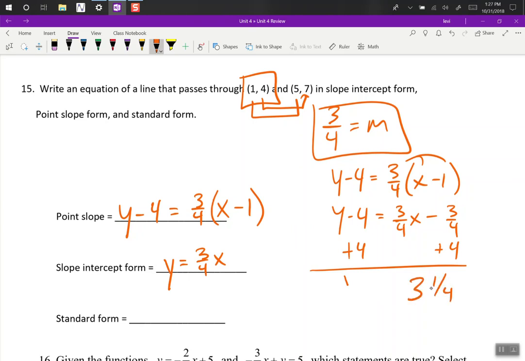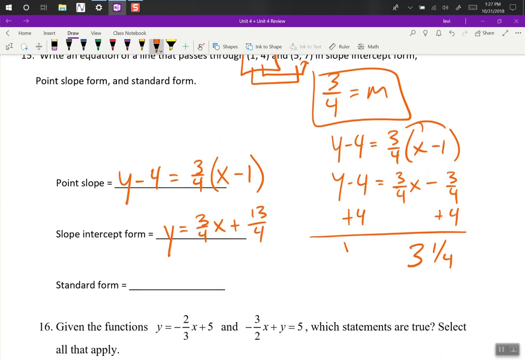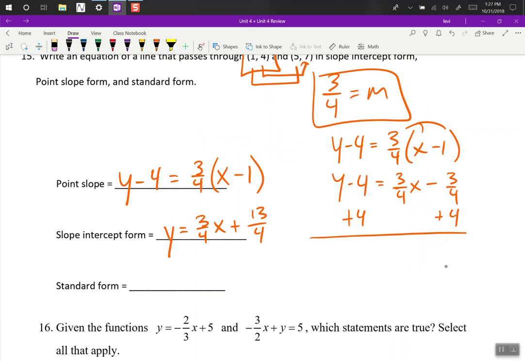So how do we change that into an improper fraction? 3 times 4 makes 12, plus 1 makes 13, so that's 13/4. And now for standard form, we need to get rid of our fraction here. So y equals 3/4 x plus 13/4. What's going to get rid of it?